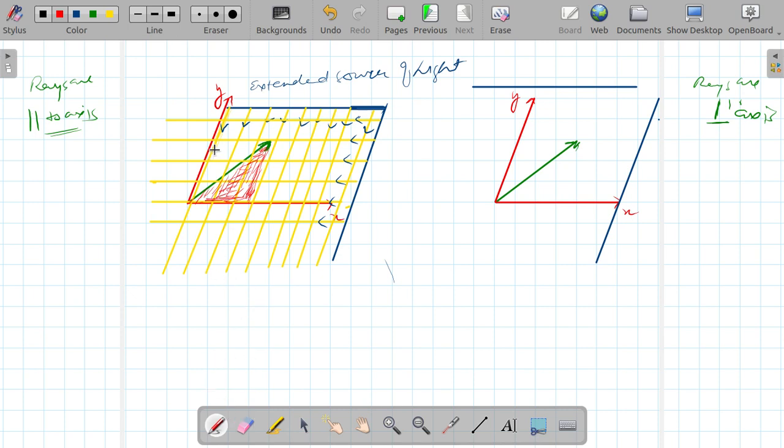And also, if light rays are coming in this way, then this is the shadow region. This is represented, say, with the blue color. This is the shadow region.